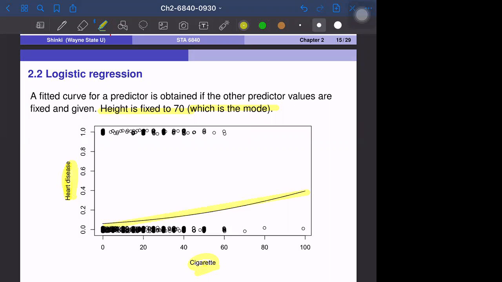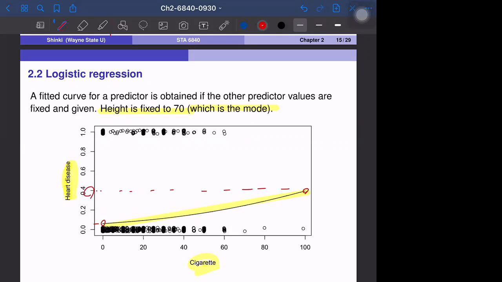That means if you smoke no cigarettes at all, then the estimated probability is maybe 5 or 6%. But if you smoke 100 cigarettes per day, then the estimated probability is around 40%. So it's much higher.